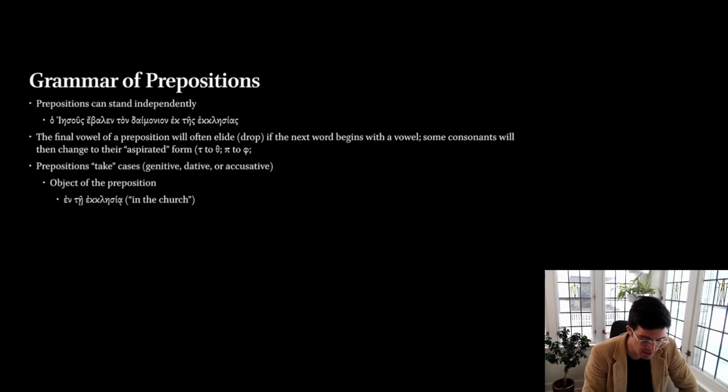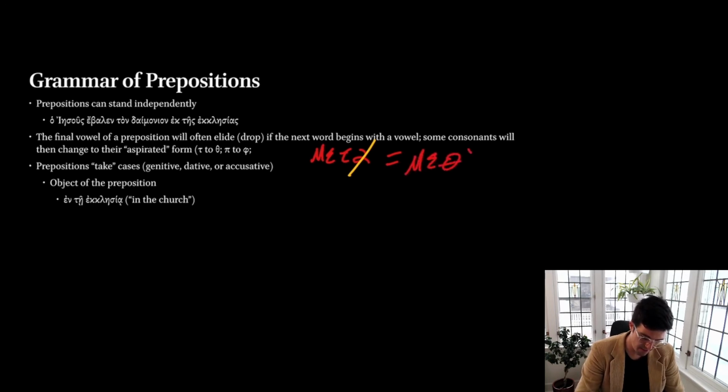They'll change to their aspirated form. They'll get a th sound into them. So a tau will change to a theta, and a p will change to a phi. So examples of this are meta. If this alpha drops out at the end, and the next word begins with a vowel, you'll get meth with an apostrophe there, indicating that the alpha has dropped out.